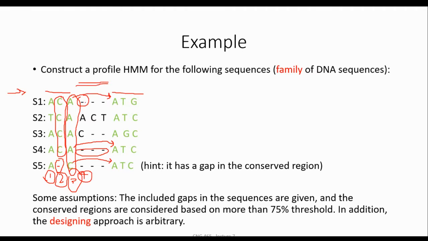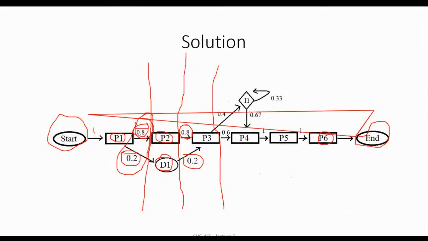So in 60% of cases, with no problem, from the third position we jump to the next conserved region, which happens to be in the 7th position. You see, in 60% of cases, we go directly from P3 to P4. So P doesn't stand for position, it stands for place, okay, place or states.